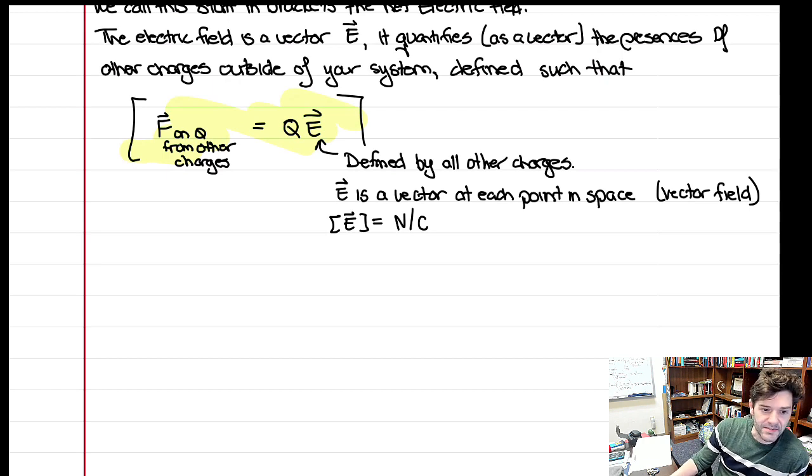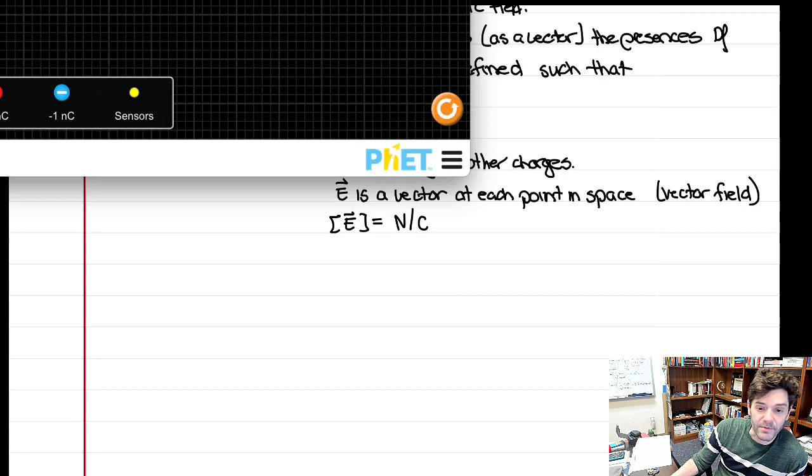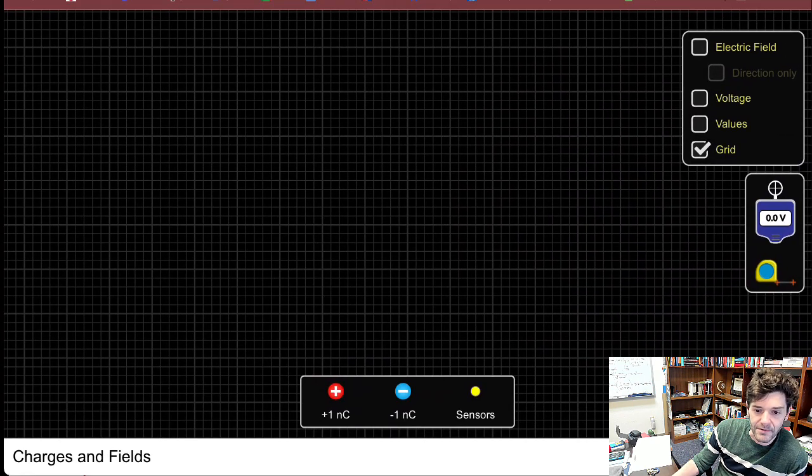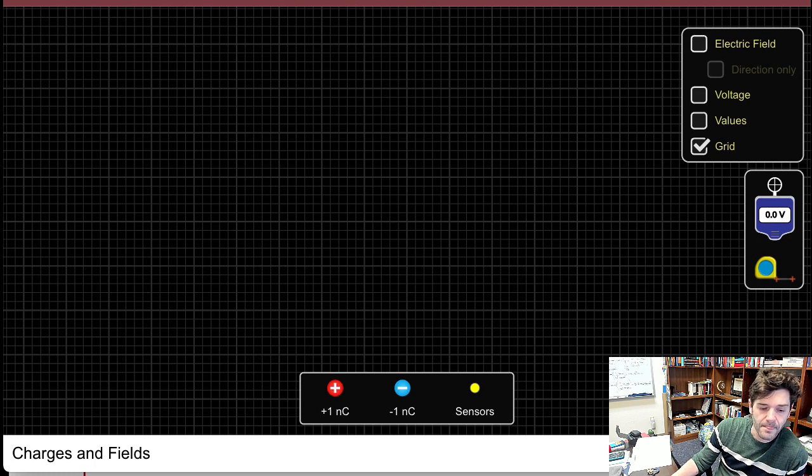And this is probably best represented with some pictorial examples. I imagine you have played around with this in lab already. You can imagine, if I have some positive charge and I place it there, I could ask, if I were to roam around with my sensors, how do I know whether I should be repelled or attracted to this object?